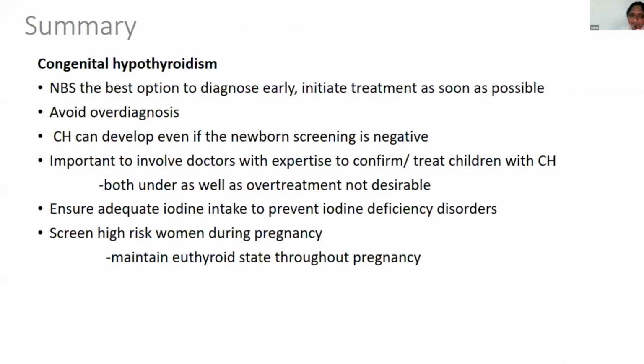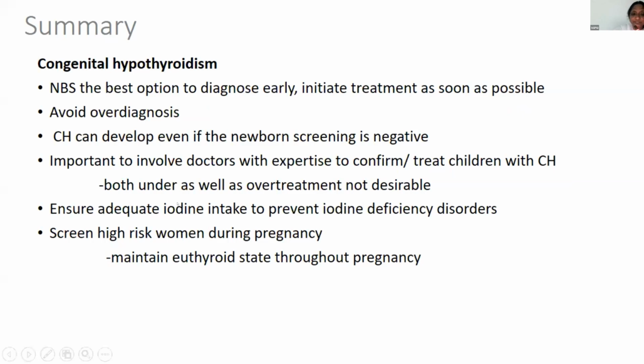To summarize, for congenital hypothyroidism, newborn screening is the best option to diagnose early. Initiate treatment as soon as possible. It is important to remember to avoid overdiagnosis. It can develop even if the newborn screening is negative. It's important to involve doctors with expertise to confirm and treat congenital hypothyroidism, because both under as well as over treatment is not desirable.